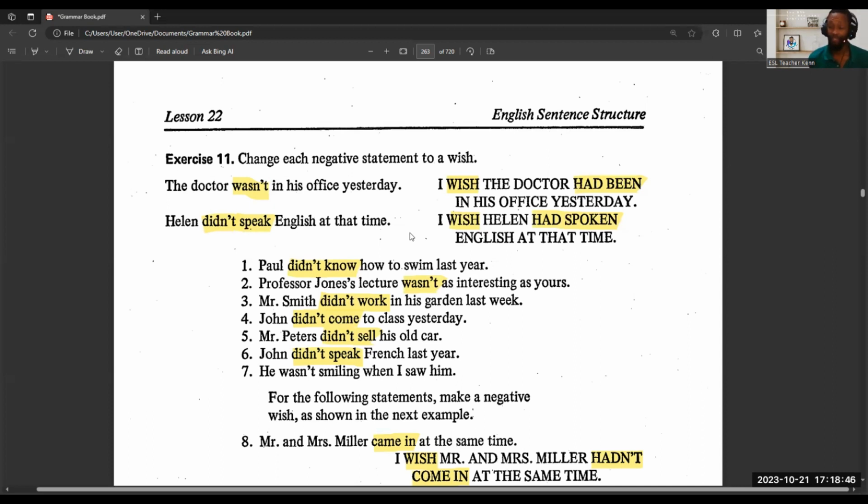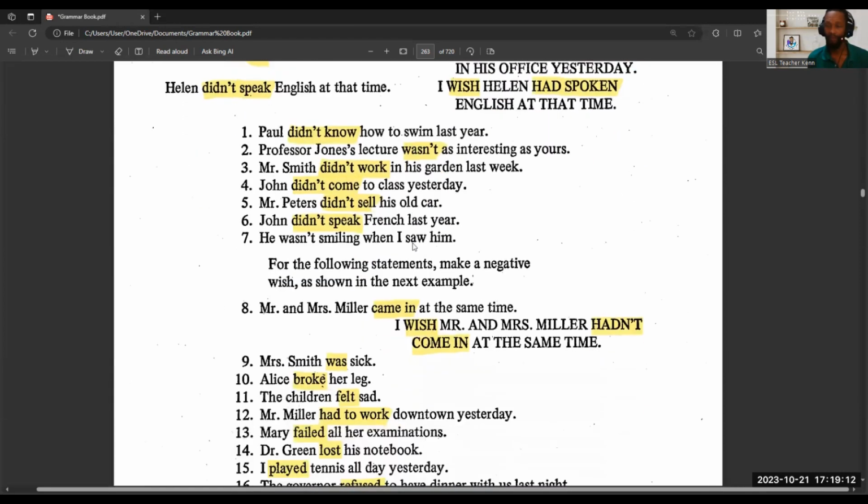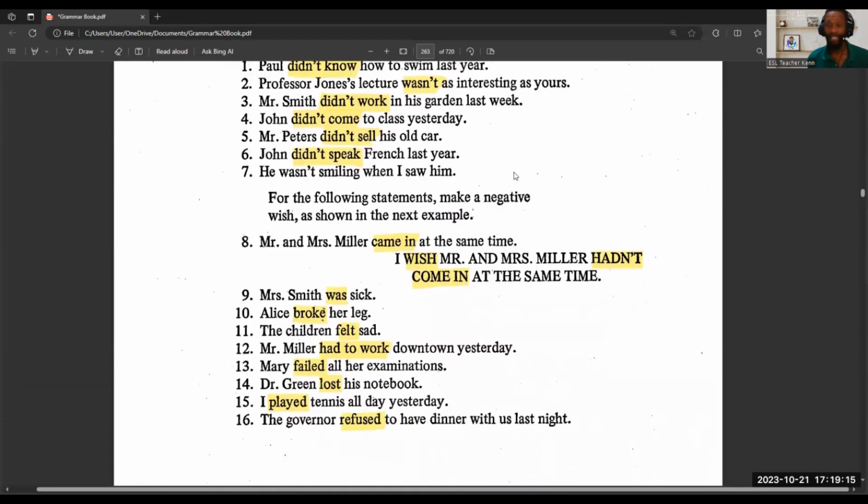John didn't come to class yesterday. I wish he had come to class yesterday. Mr. Peters didn't sell his old car. I wish he had sold his old car.